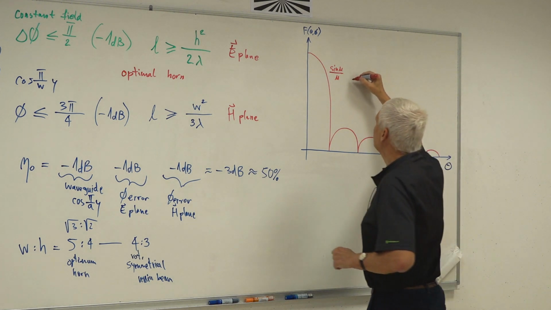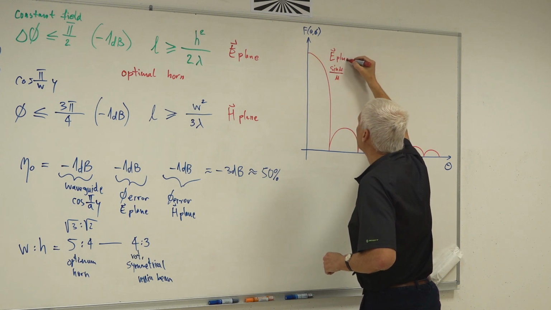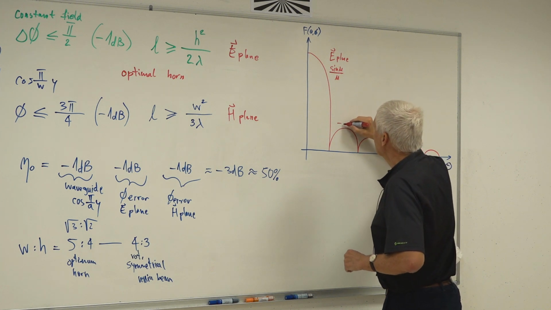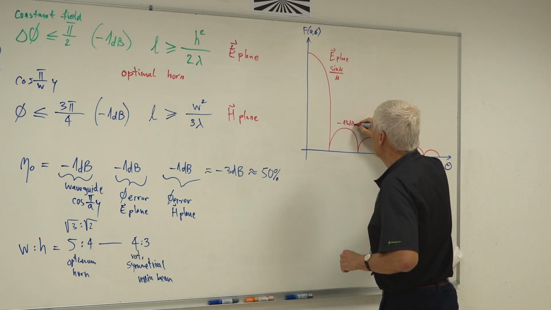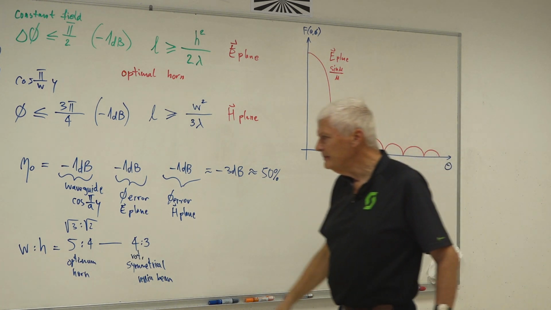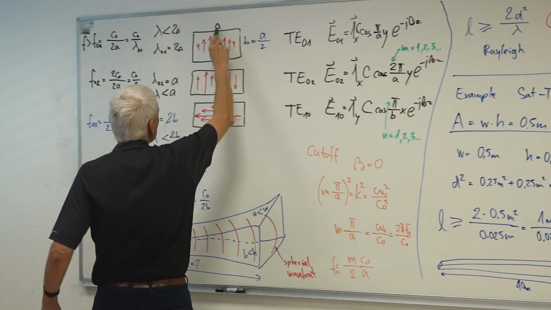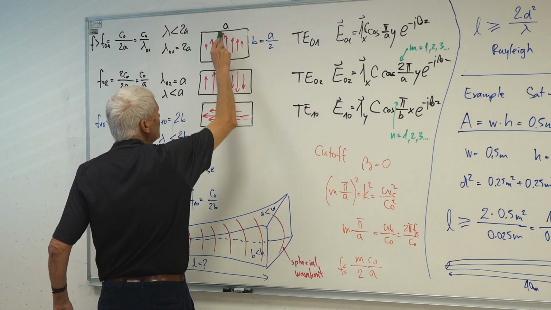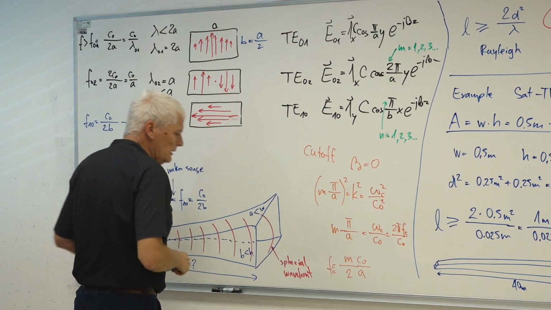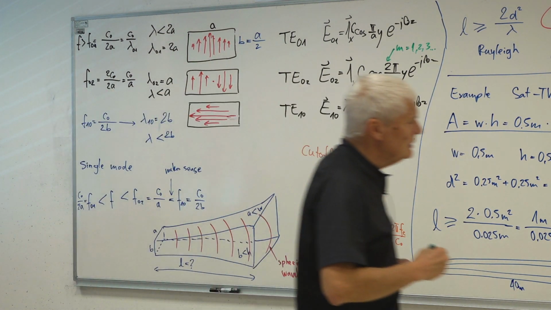And this is for the E-plane, where this first side lobe is at minus 13 dB. For the H-plane, I do not have a constant distribution. I have a constant illumination in the E-plane. In the H-plane, I have a tapered distribution, and this will provide much lower side lobes.